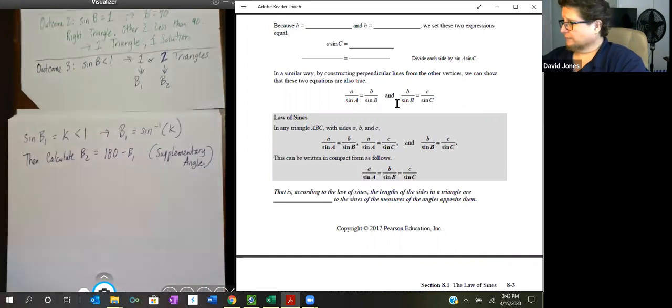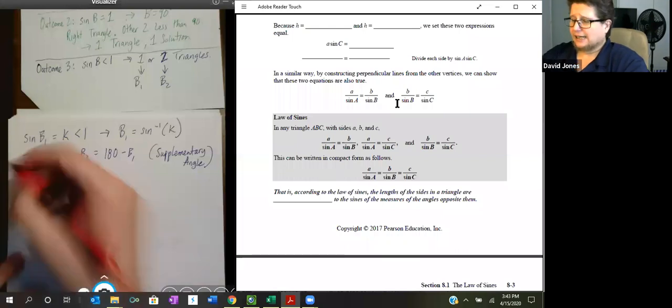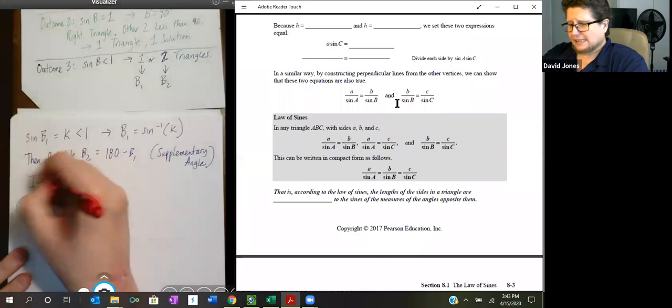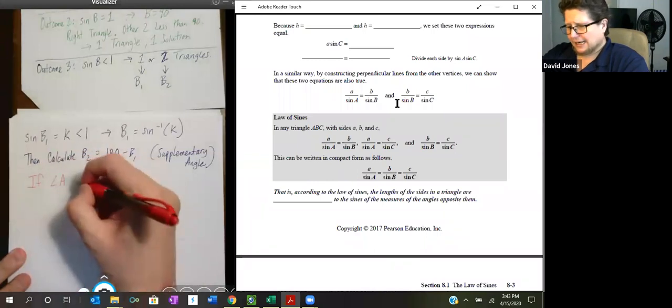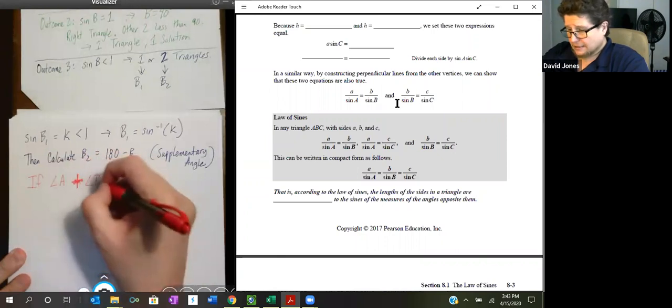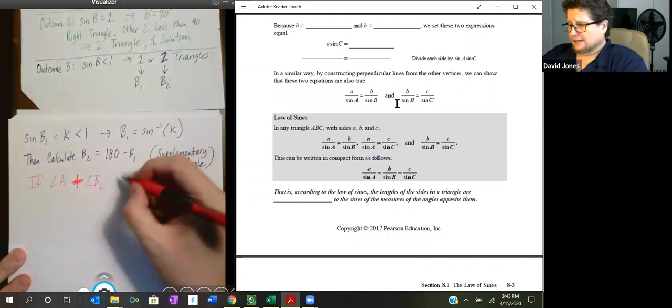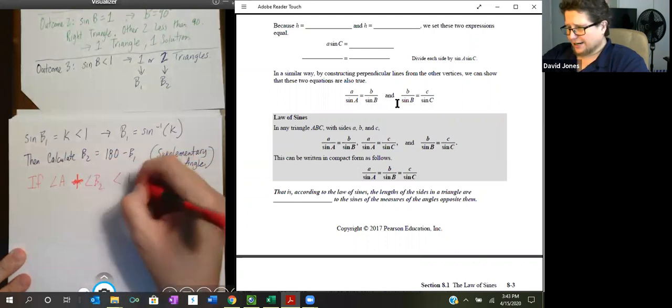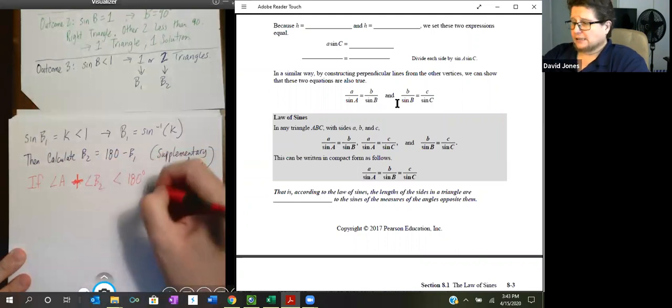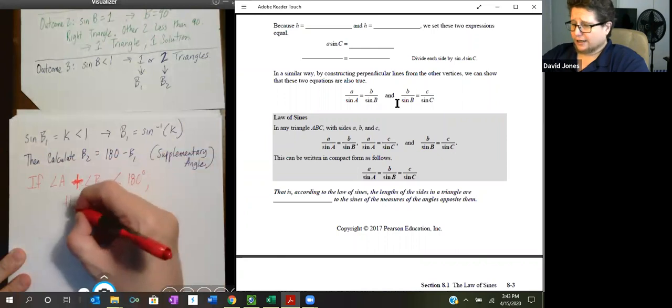Okay, now, if this is the criteria, if angle A and we add it to angle B2, if that's less than 180 degrees, there's a second triangle.